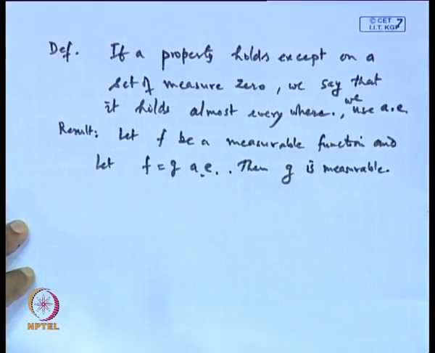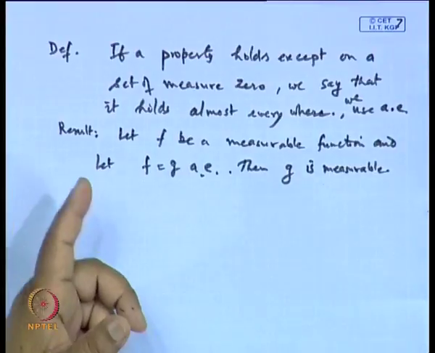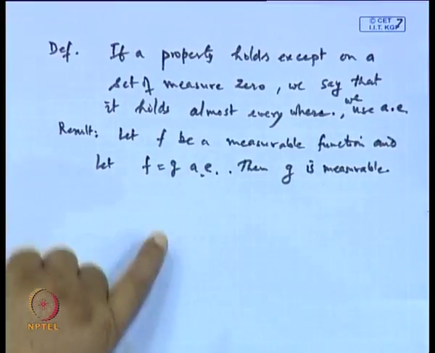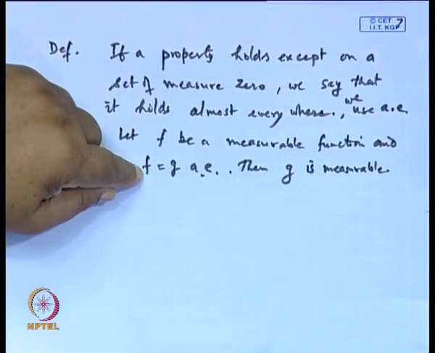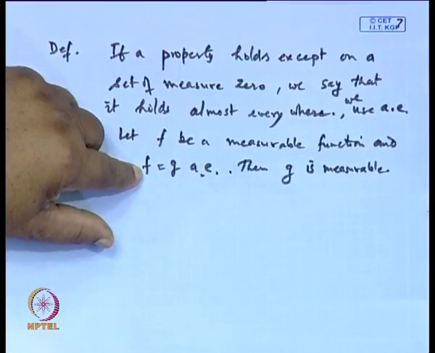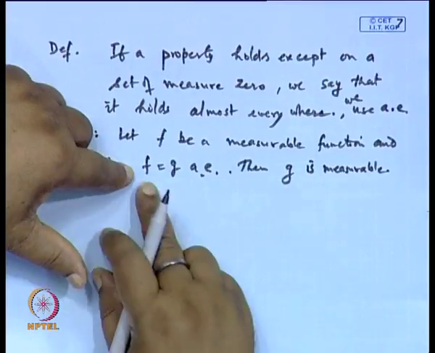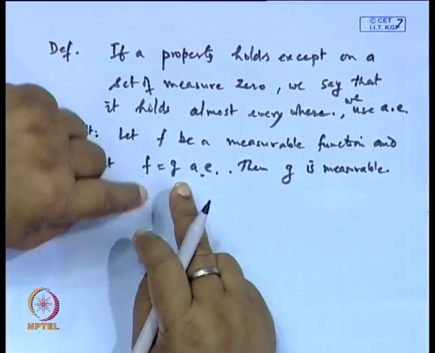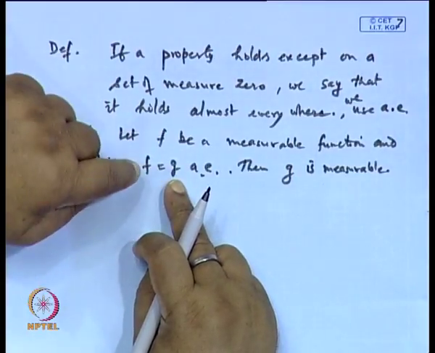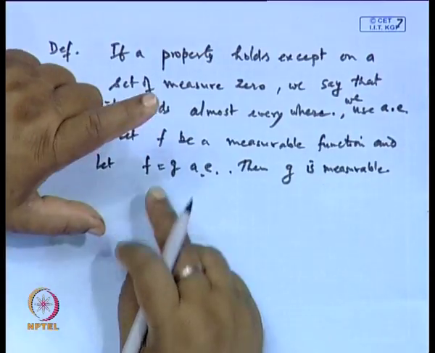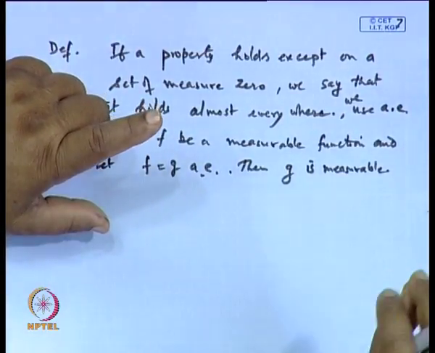Means, if a function g is equal to f except on the points where they differ, and that set has measure 0, then we say f equals g almost everywhere. So, such a function g will also be measurable if f is measurable. So, any function which is equal almost everywhere to a measurable function will be a Lebesgue measurable function.